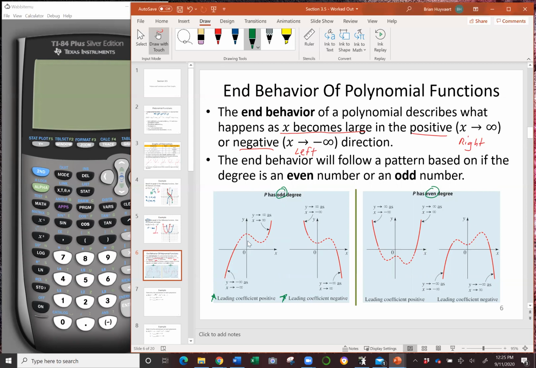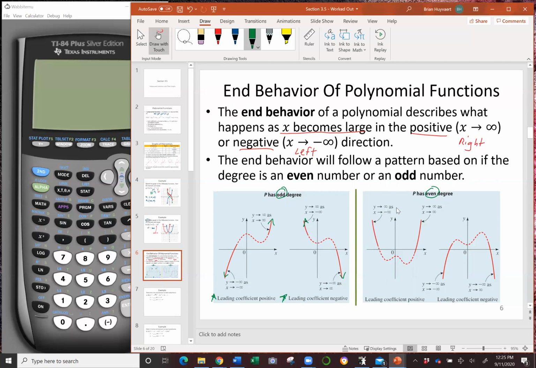Well, if it's positive, it's going to look some version of what the generic linear, cubic and quintic functions look like. It's going to increase as we go left to right. But if it's a negative leading coefficient, it'll flip, reflect over the x-axis, so it'll decrease as we go left to right. So the end behavior is kind of saying, if I were to put an arrow at the end of our function here, where is it going? The y values, are they going up to infinity or are they going down to negative infinity?